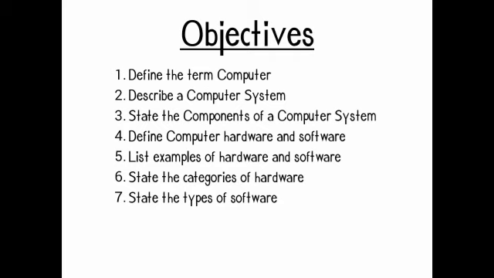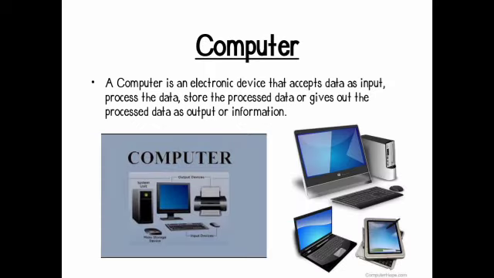So without wasting time, let's dive into the first objective, which is the definition of computer. Now, what is a computer? A computer is an electronic device that accepts data as input, processes the data, stores the data, or gives out the processed data as output or information.